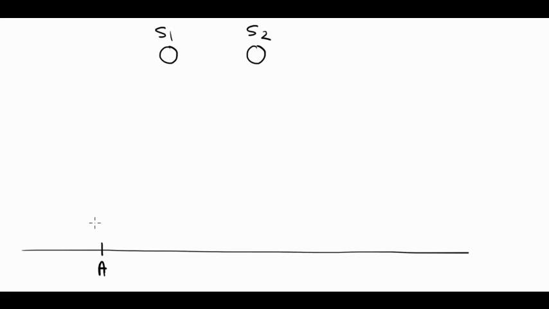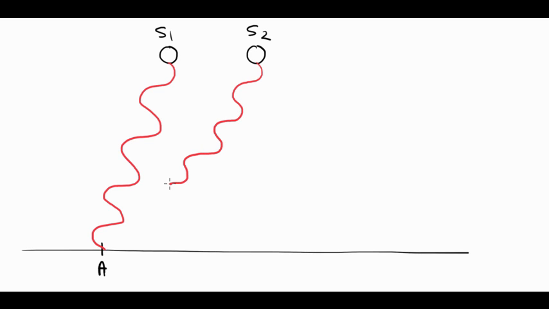Now, why that is a bright spot can be explained visually. We've got a wave generated by the first source, and it hits at that point there. The wave from S2 has to travel further to get to the same spot.